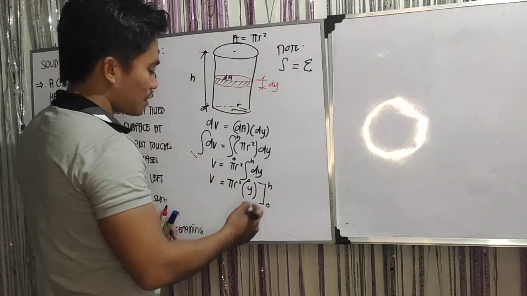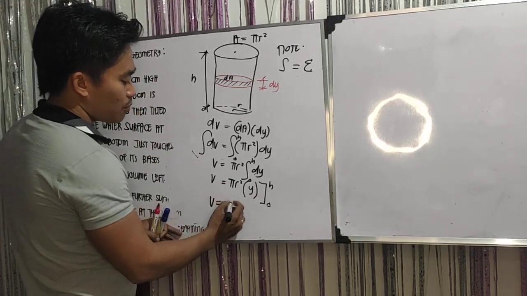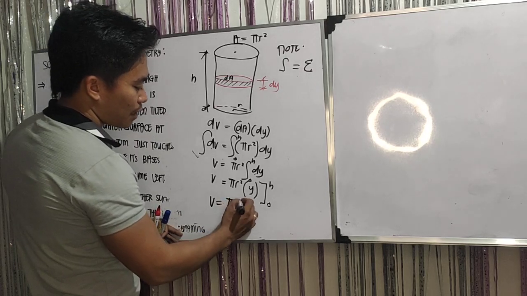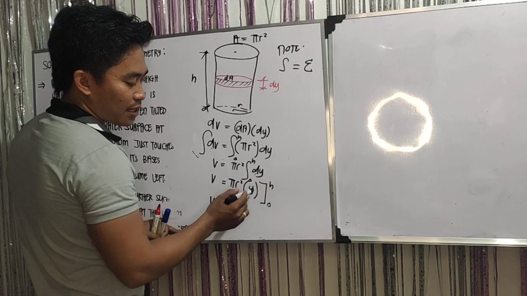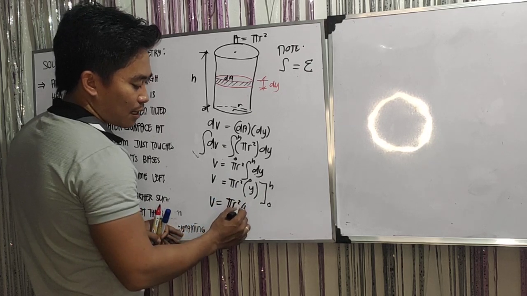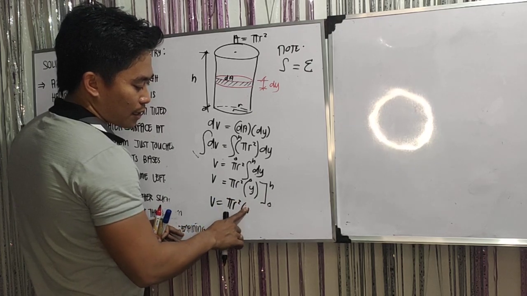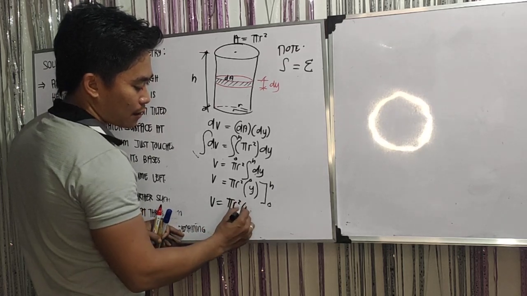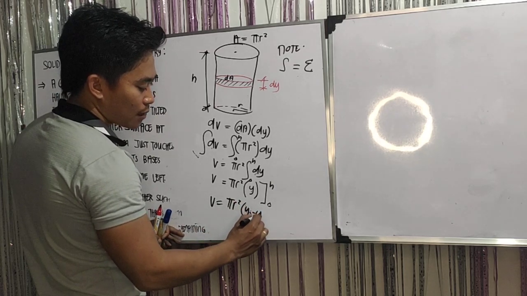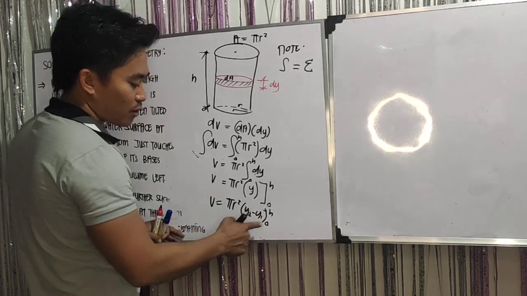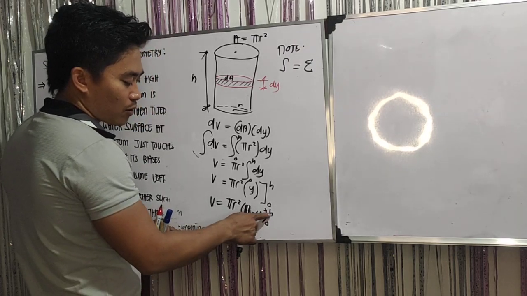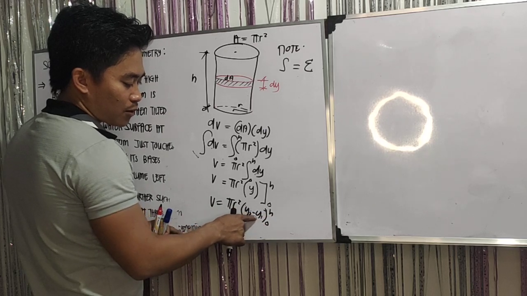Now, substituting, volume is just pi r squared times y2 minus y1. Yung y2 mo is yung h, yung y1 mo is yung lower limit.